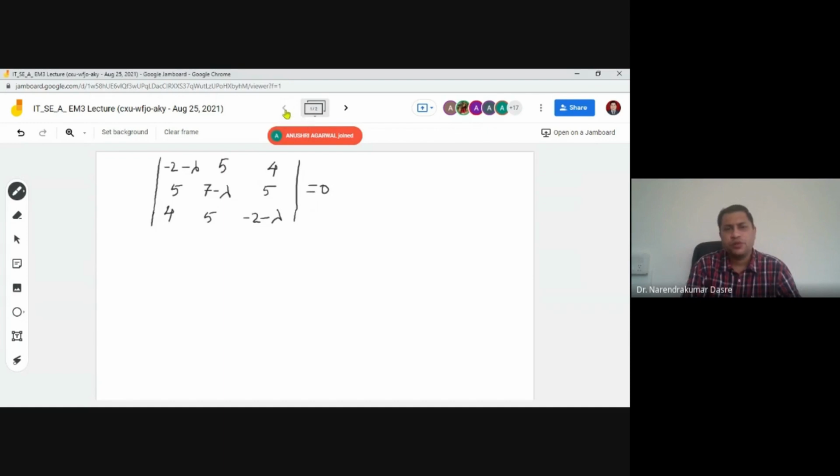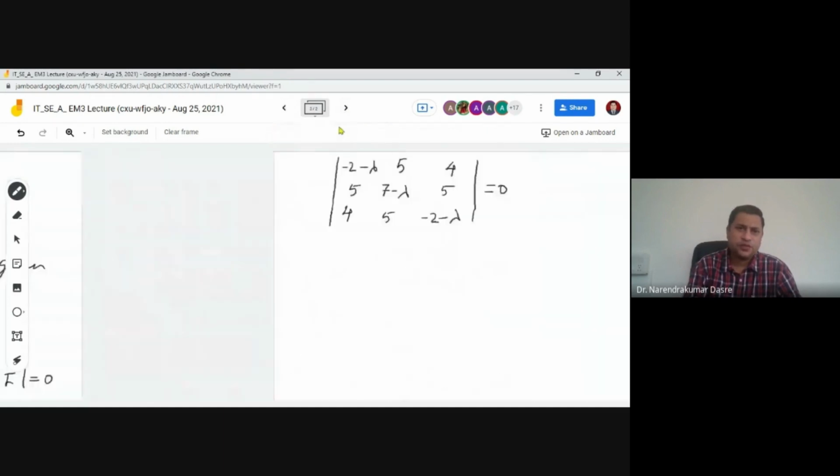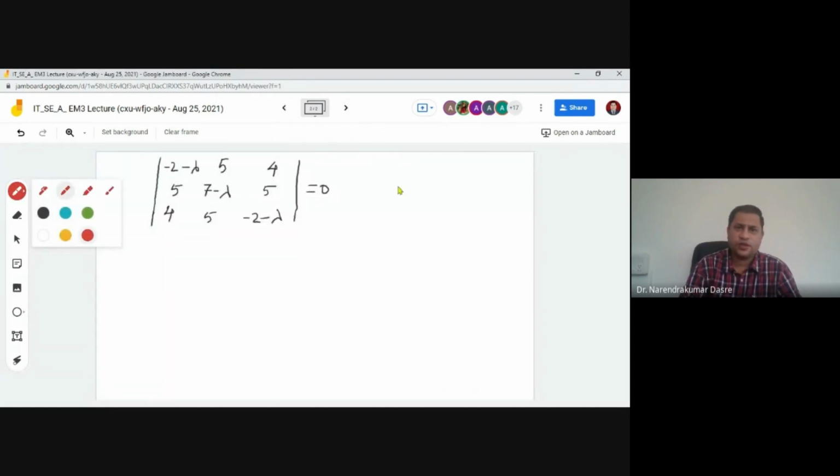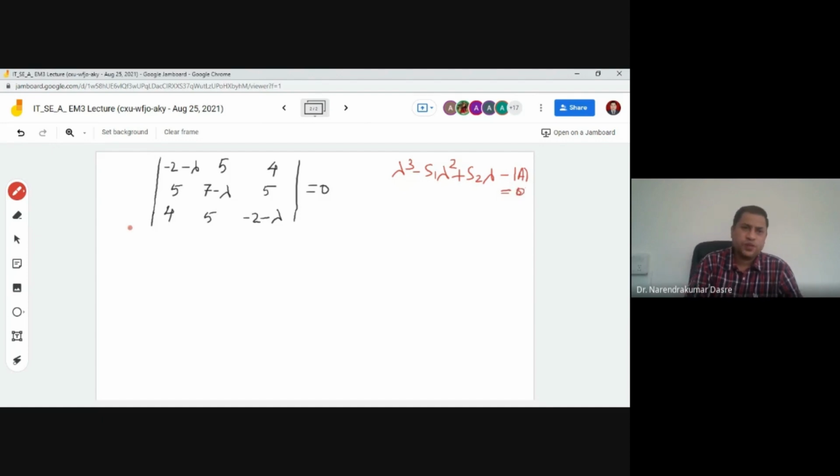Then what is the shortcut we know? We know that lambda cube minus s1 lambda square plus s2 lambda minus determinant of A equals 0.